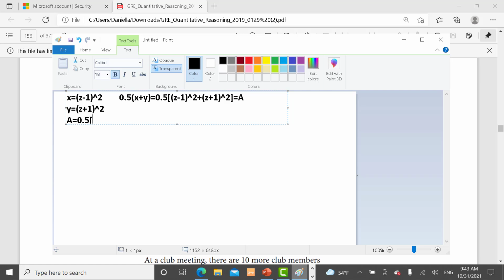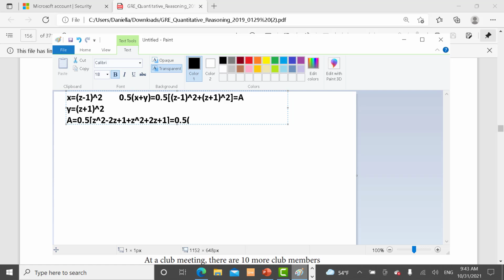I'm going to derive the whole thing. So it should be z squared minus 2z plus 1 plus z squared plus 2z plus 1. Okay, and it should be 0.5 times what?